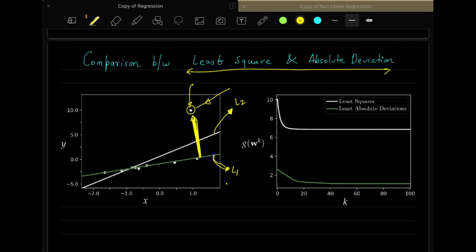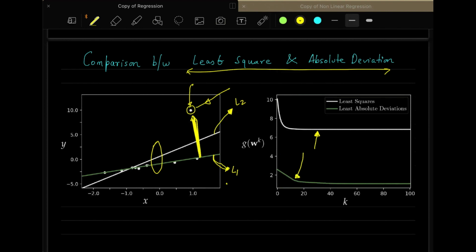And if you want to plot this as a cost function, then you can see how the cost function looks when you compare the two cost functions for these two regression plots. The cost function value in the case of least square is higher than the cost function in the case of least absolute deviation.